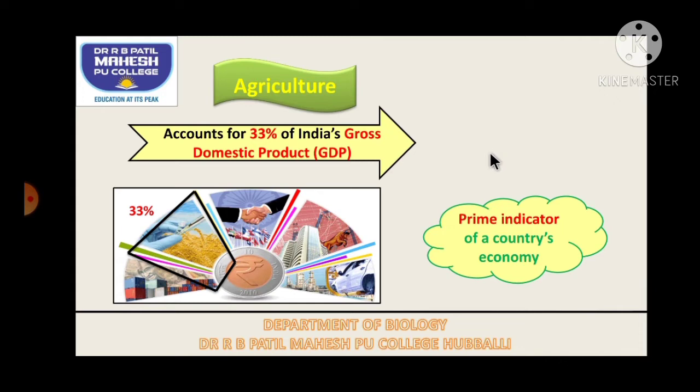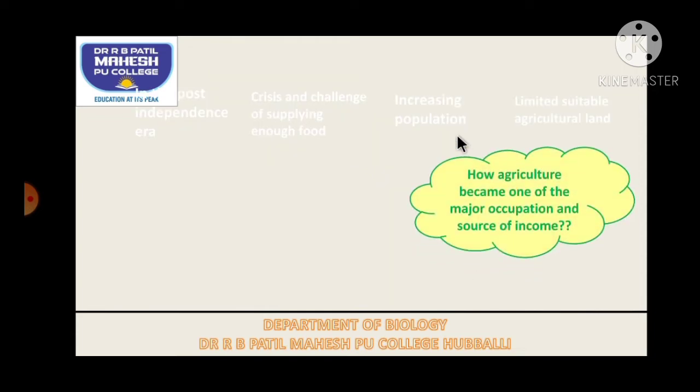Today, we have improved to such an extent that agriculture is said to be the prime indicator of the country's economy. Let's try to understand how agriculture became one of the major occupations and sources of income in India.